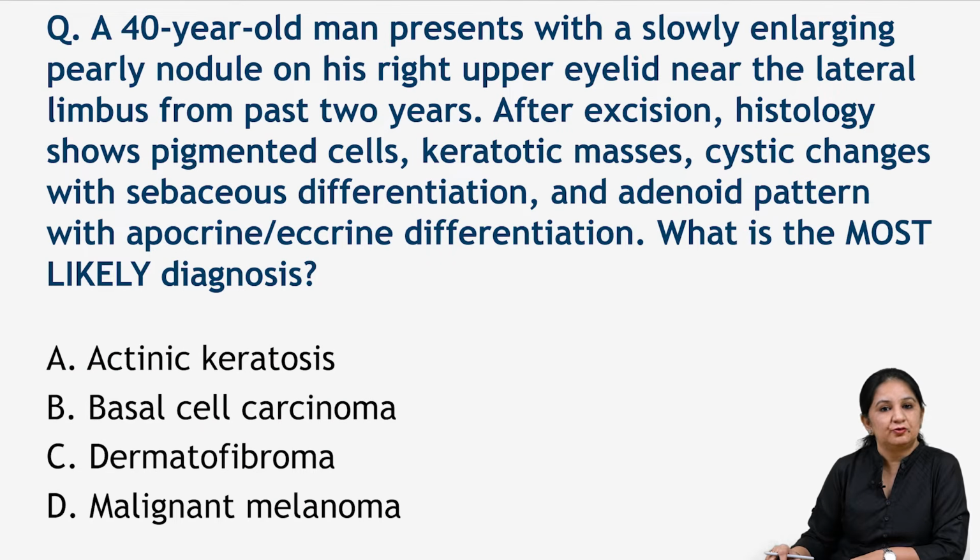A 40-year-old man presents with a slowly enlarging pearly nodule on his right upper eyelid, lateral limbus for the past 2 years. Excision histology shows pigmented cell, keratotic masses, cystic changes with sebaceous differentiation and adenoid pattern with apocrine or eccrine differentiation. Now what is the most likely diagnosis? Any guesses?